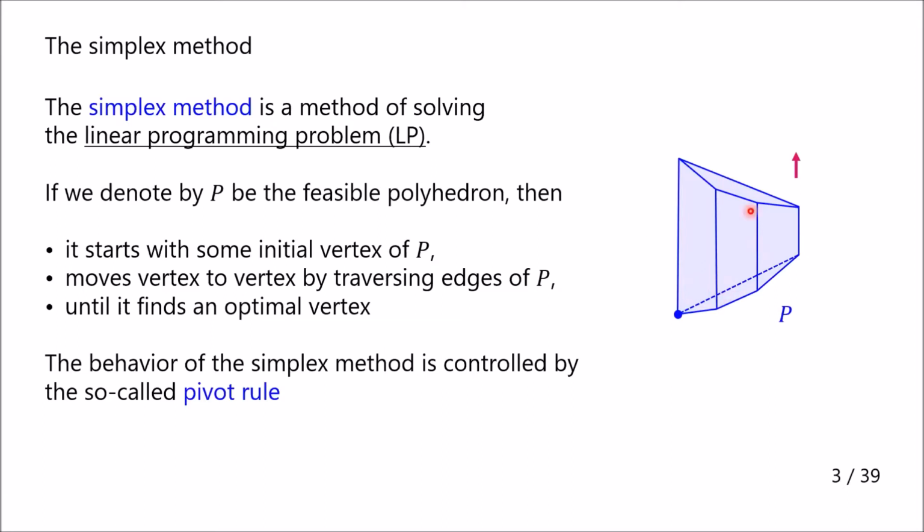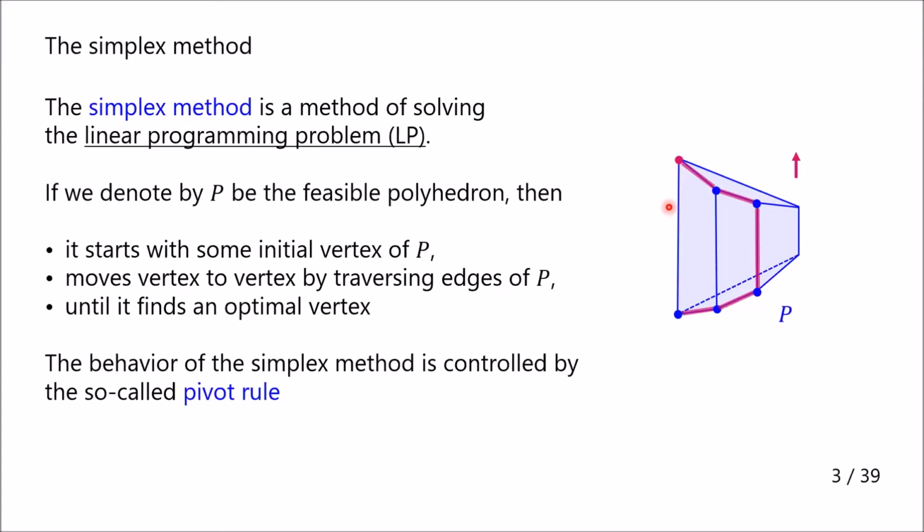This is a feasible polyhedron, which I denote by P. And this is a given linear objective function, meaning that this is an optimal solution, the optimal vertex in this case. The simplex method starts with some initial vertex, say here. Then it moves from vertex to vertex of P by traversing edges of P like this until it reaches an optimal vertex.